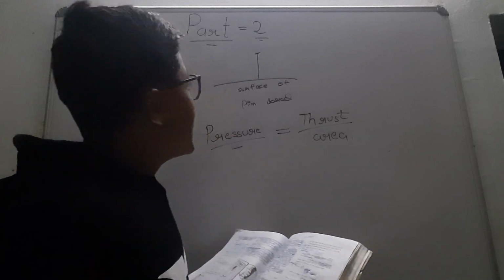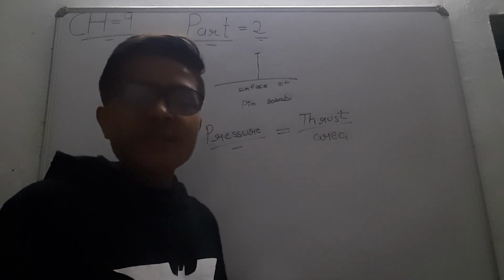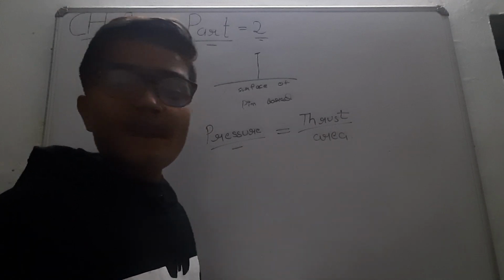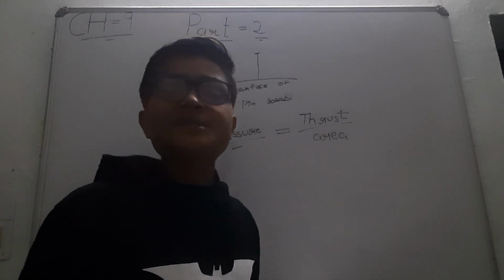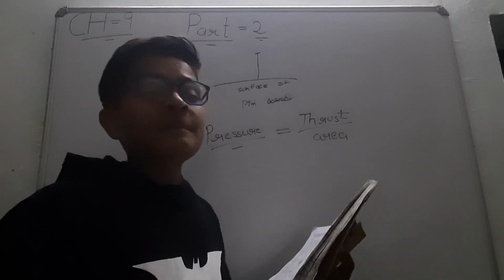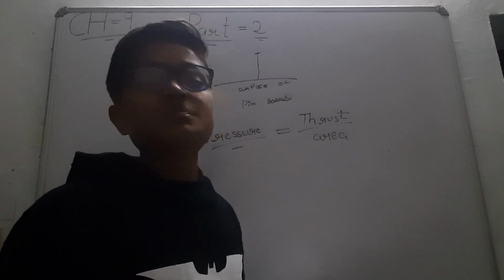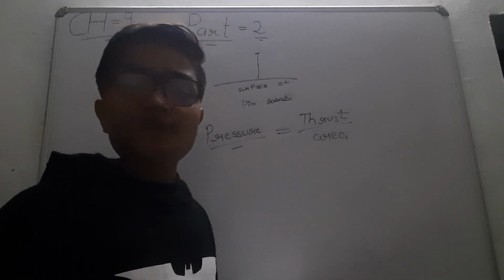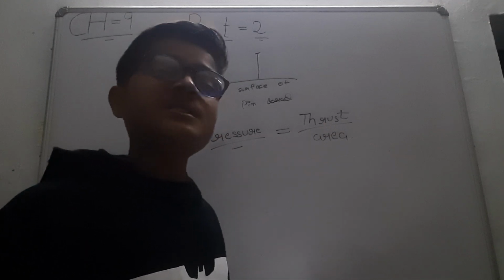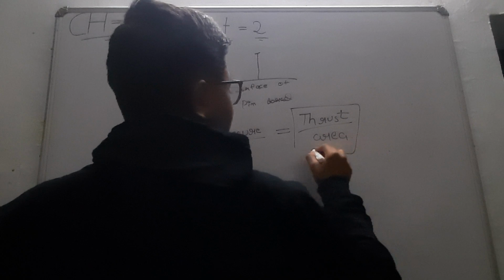Remember students the definition of thrust and the definition of pressure. Thrust is a perpendicular force applied by an object on a different body, and the thrust per unit area is known as pressure. So the formula of pressure is thrust upon area.